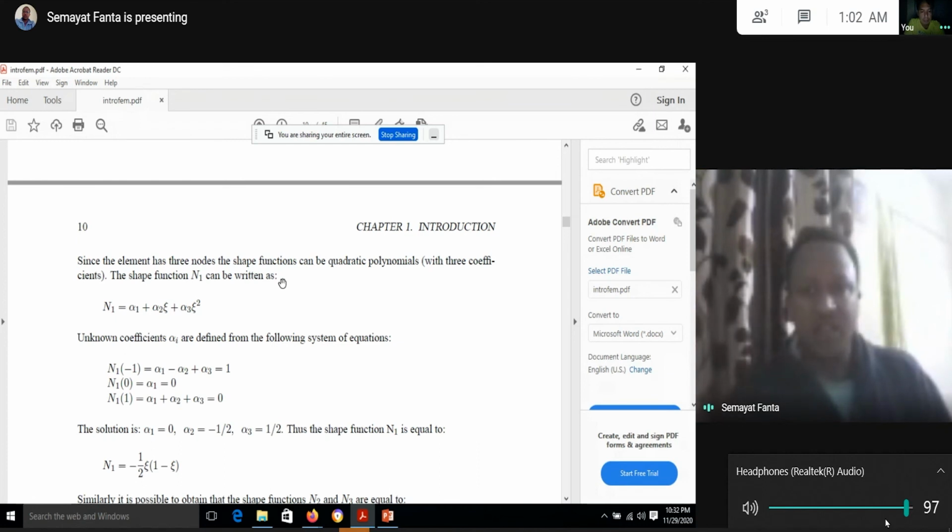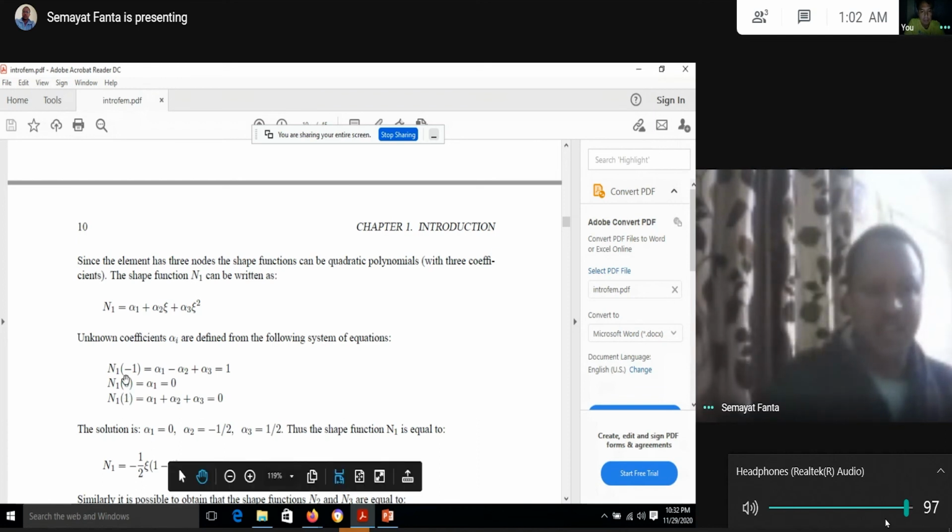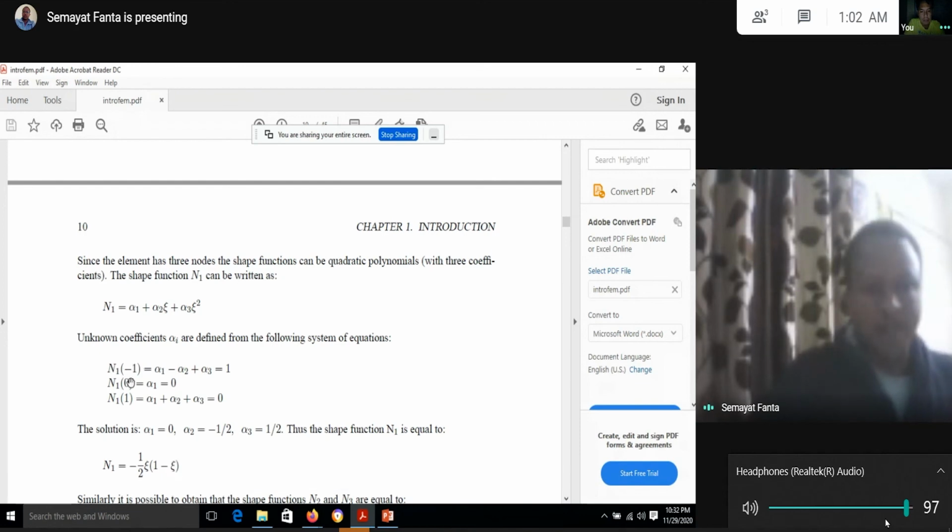So N1 of minus 1 implies the U1 value: alpha 1 minus alpha 2 plus alpha 3, which is equal to 1.